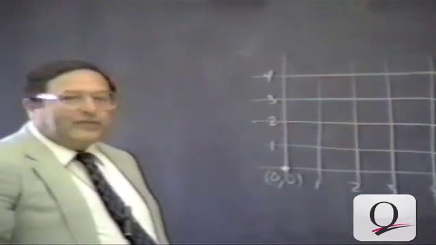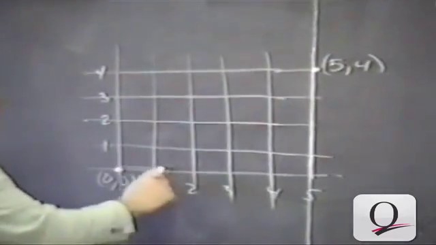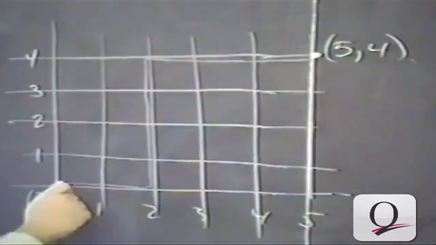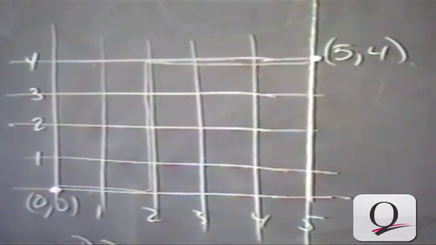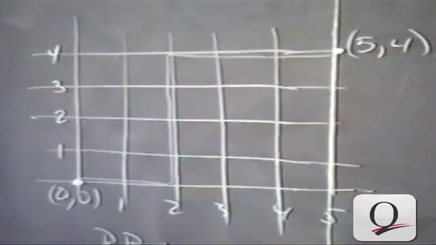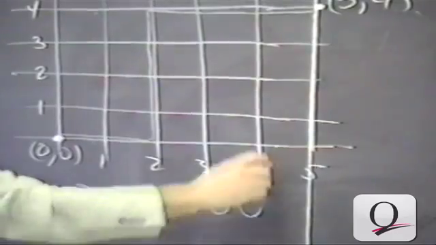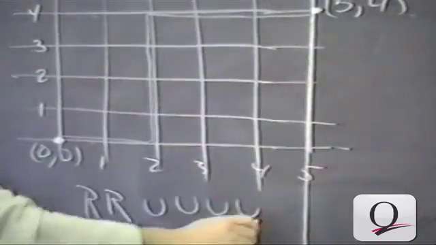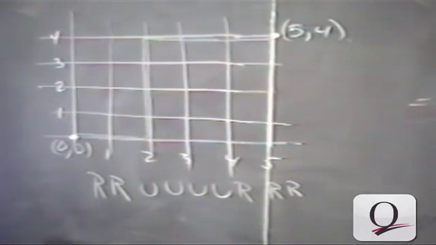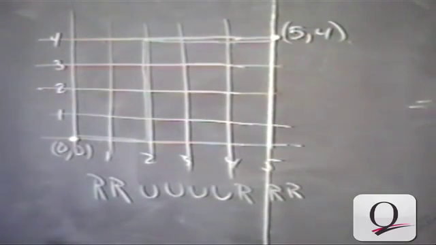Well, let's take a sample way. You might take this road. So what are you doing? You're going to the right 2 blocks, and you're going up 1, 2, 3, 4 blocks. And then you have to go to the right 3 more blocks. That's one way of doing it.